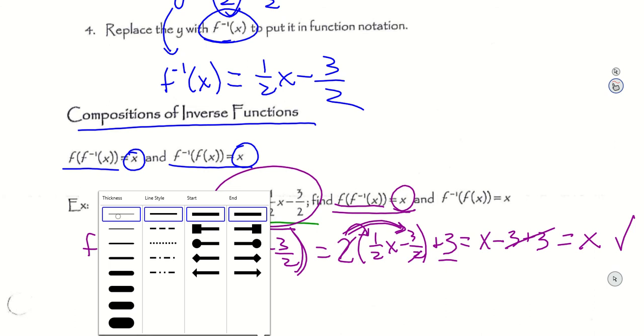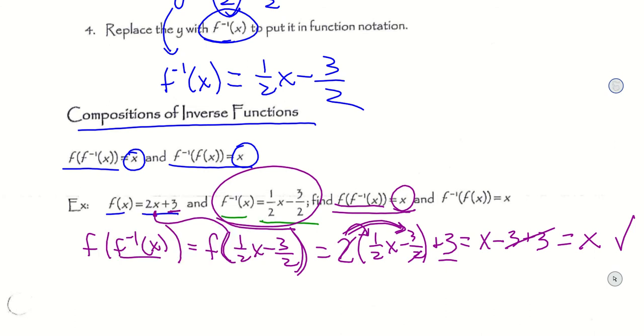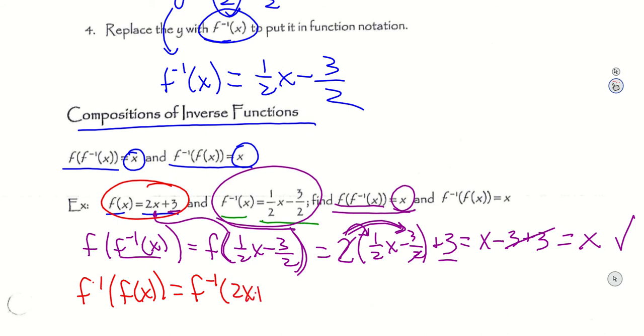So this time, let's do the inverse of f of x. That would be the inverse of what f of x is, which is 2x plus 3. This tells us we're going to use 2x plus 3 as the input for the inverse function. So that gives us 1/2 of 2x plus 3 minus 3/2.